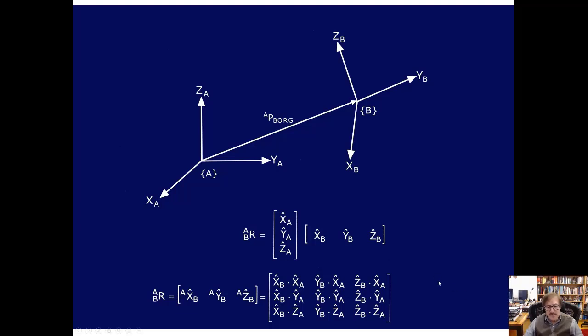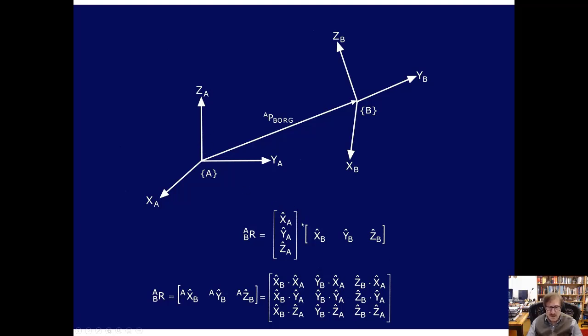Okay, and we have figured out in the previous slide something very nice, that this is actually the dot product of two vectors. X is in the XYZ, the A frame coordinates or axis, A frame axis.